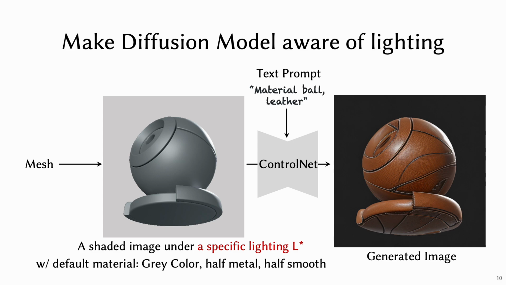Here's our basic idea. We propose to use a shaded image under some specific lighting with default material. As you can see, the highlights and shadows in this control image indicate useful cues about the lighting environment around this object. And we train a new ControlNet that could generate an image following these cues.